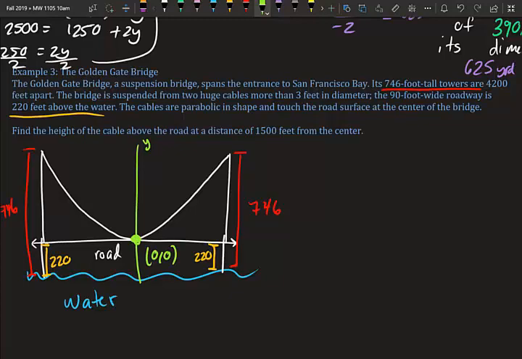We can find how tall the towers are above the road by subtracting. So we do 746 minus 220, and we get 526. So the distance from the road to the top of the tower is 526 feet.